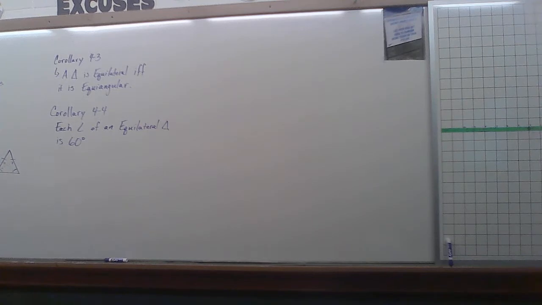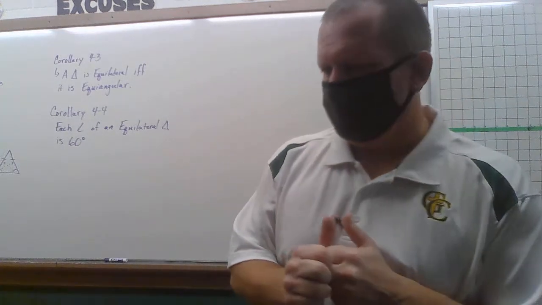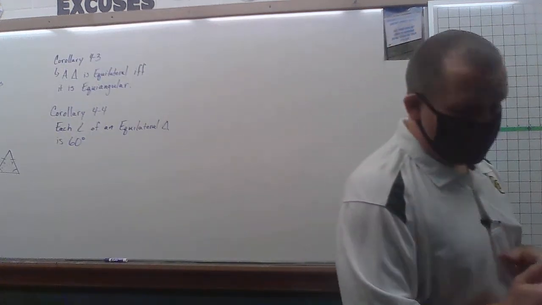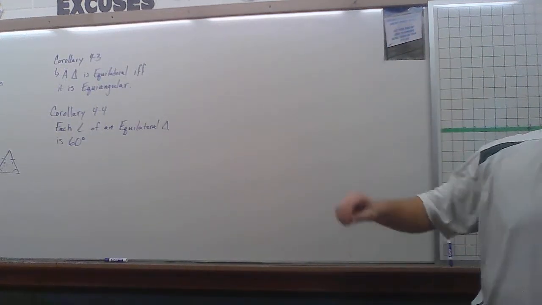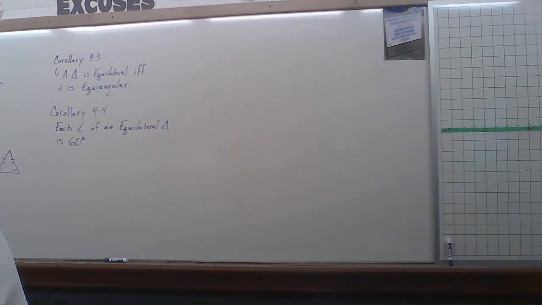Basically, just make sure that you read the proof carefully and draw the picture on your piece of paper, and make sure that you put the things, meaning slashes and arcs, on your figure from whatever steps you do in your proof.